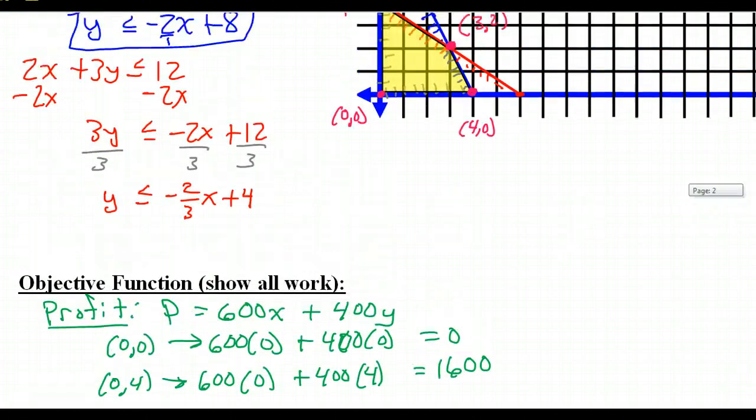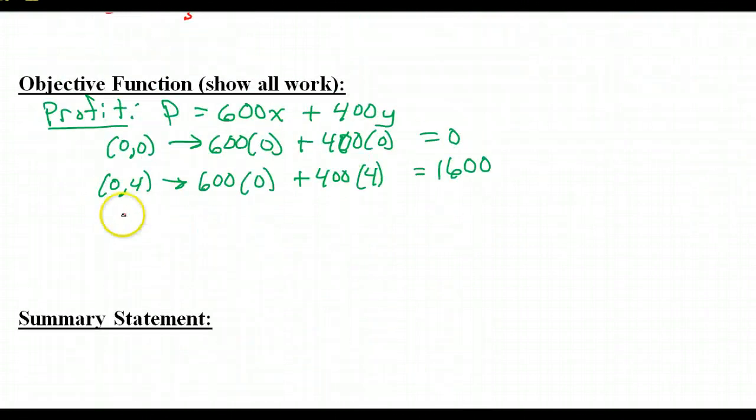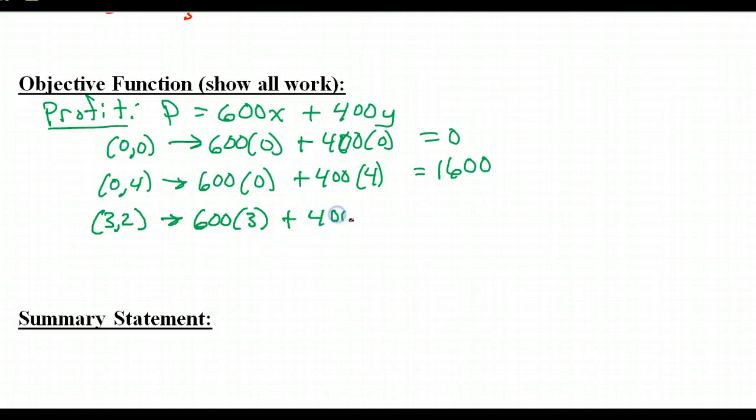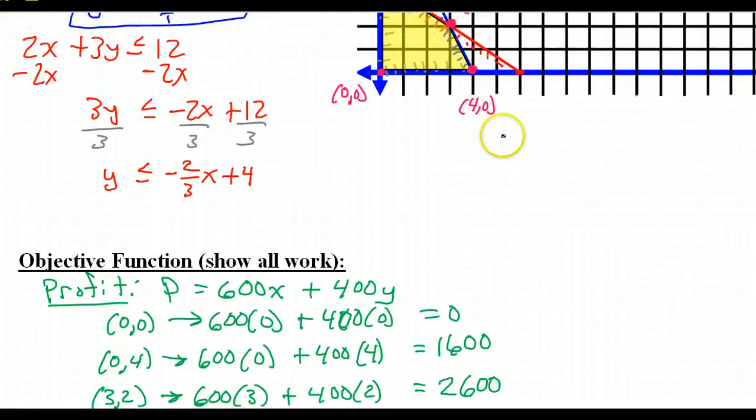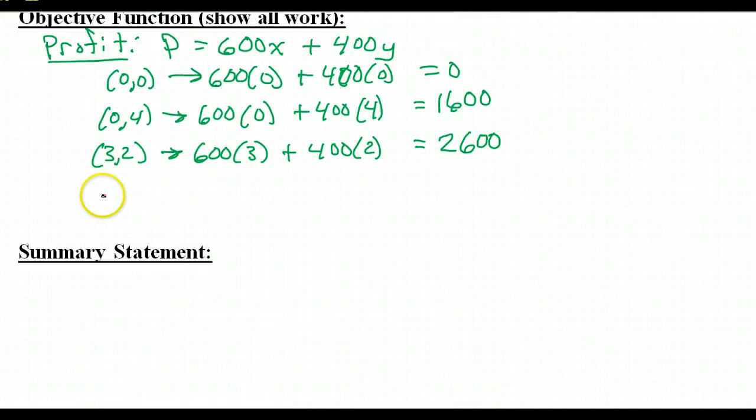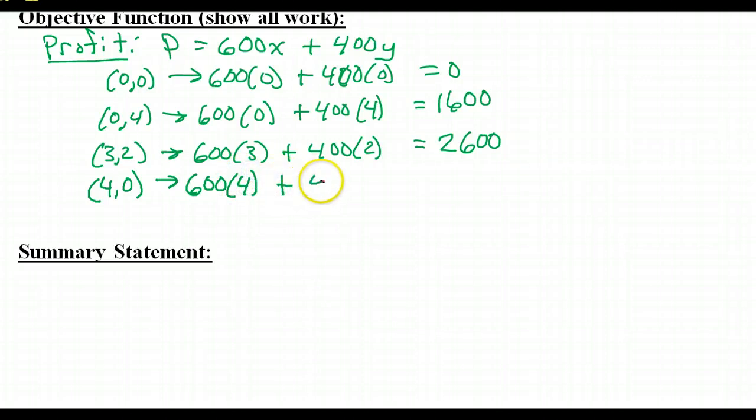Next, I'm going to do 3, 2. It's 2,600 and 4, 0. So that's going to be 2,400.